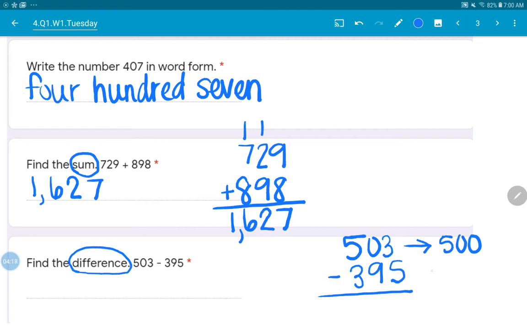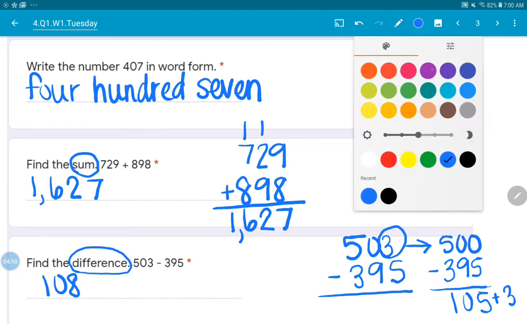So if I have 500 and I take away 395, that's going to leave me with 105. And then I need to go back and add this 3 that was from the original 503. So my answer is going to be 108.